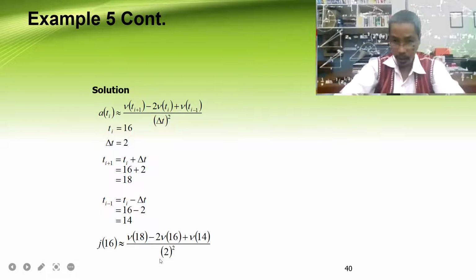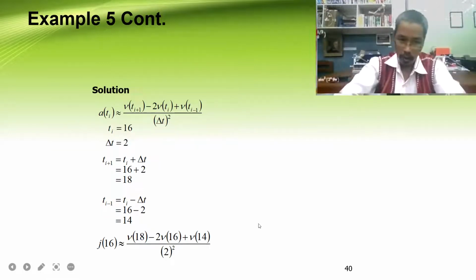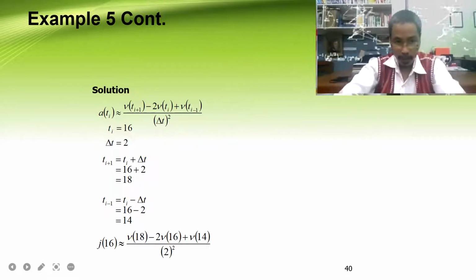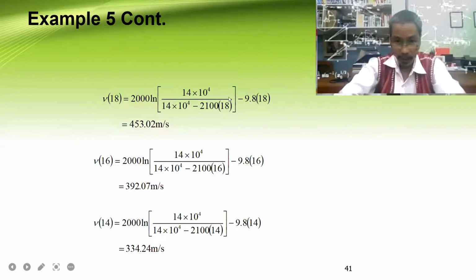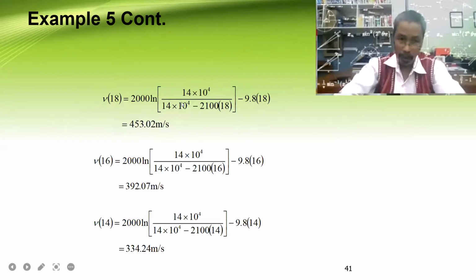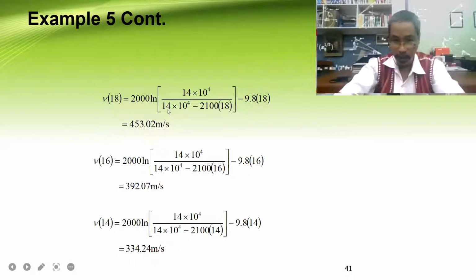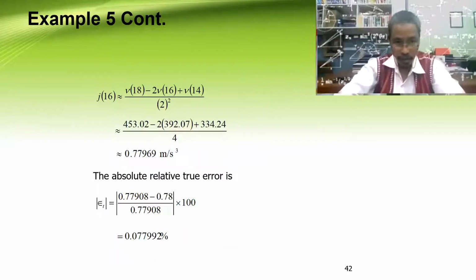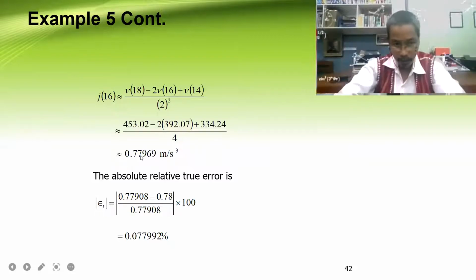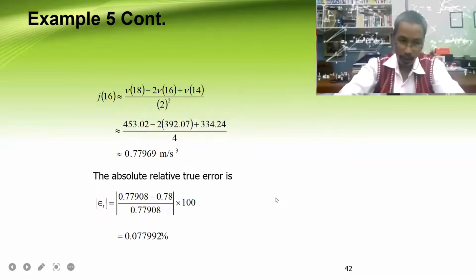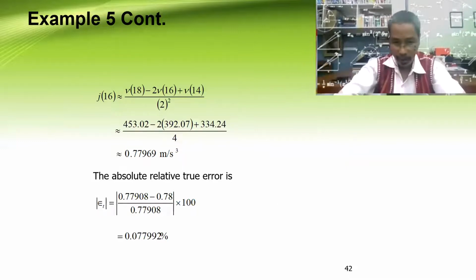So delta x is 2. We can find the jerk by first finding the values of B18, B16, and B14 from the previous example. Just substitute. The jerk is 0.77969. And so we'll notice the error.